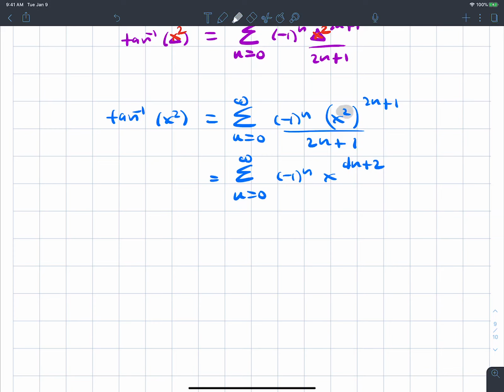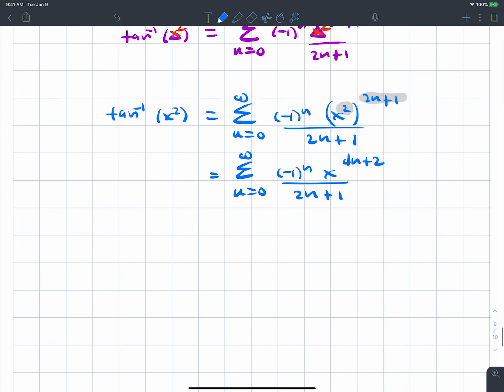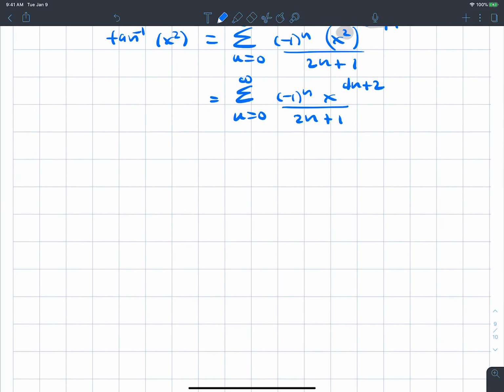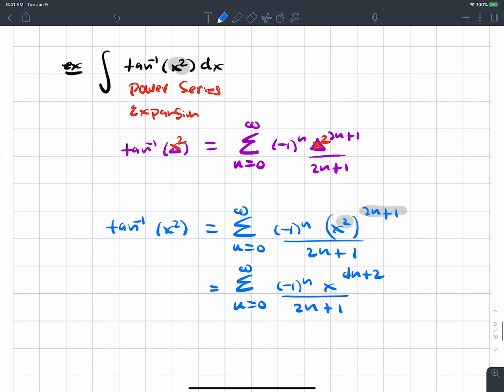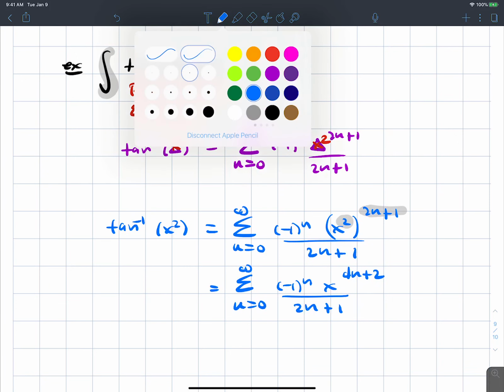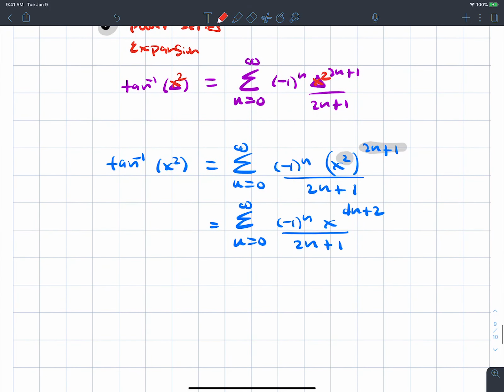Right, we're going to take this power 2 times 2n plus 1. And then this is going to be over 2n plus 1. So at this point, remember, the whole idea is for us to actually take this function and integrate. So we're going to integrate this here. Don't forget to put the plus c.